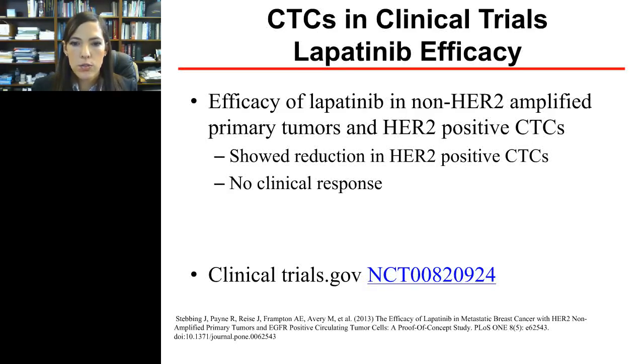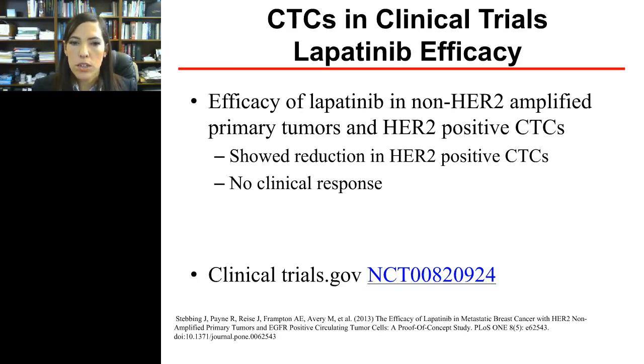So one that has just finished is a study that's looking at the efficacy of lapatinib in patients that have a non-HER2 amplified primary tumor but have a positive HER2 circulating tumor cell. This study showed a reduction in HER2 positive CTCs, so that's very promising.